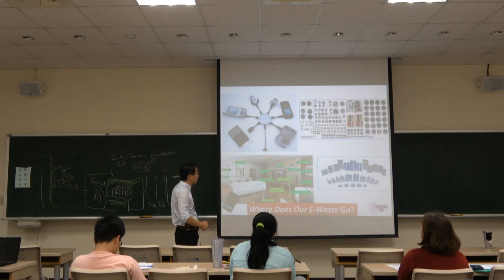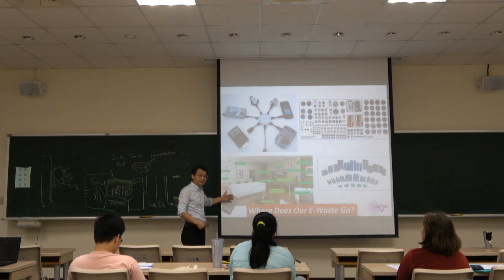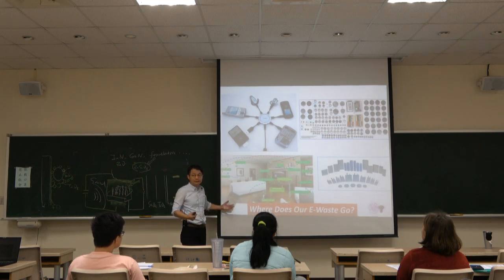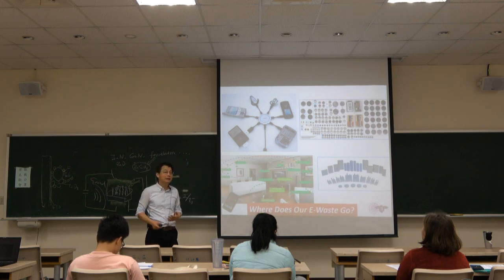But anyway, electronics is very convenient. You have the cell phone, you can do a lot. You can control the TV, the air conditioning, everything. It's very convenient for us. But soon after, usually the cell phone, maybe 2 years, 3 years, 4 years, will be remodeled again.